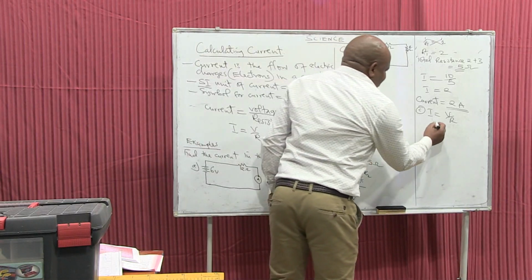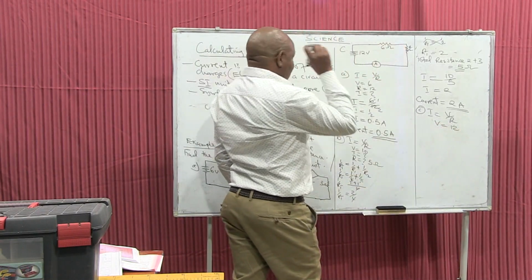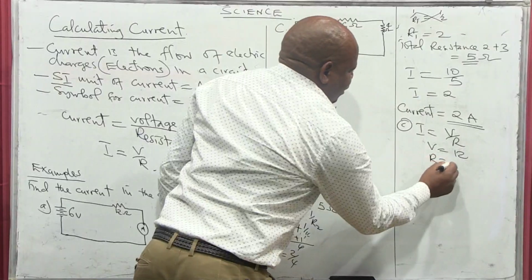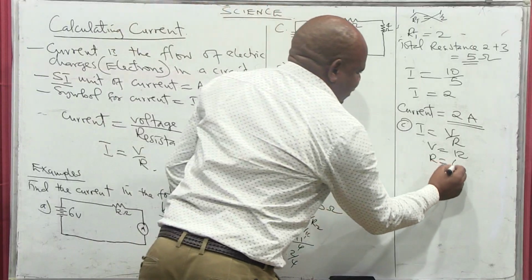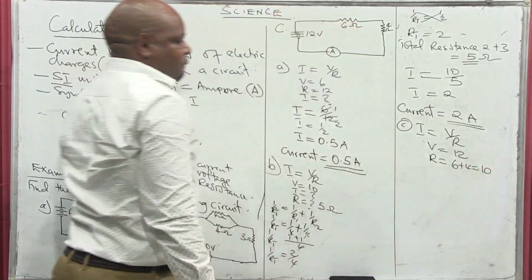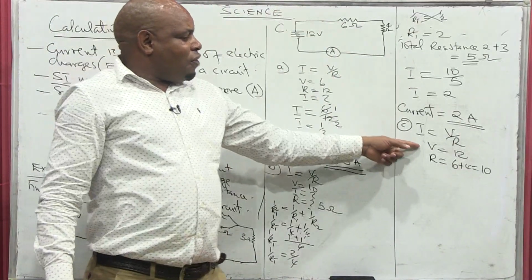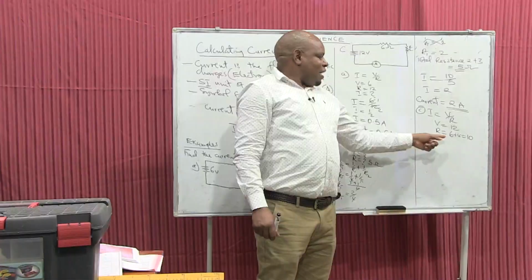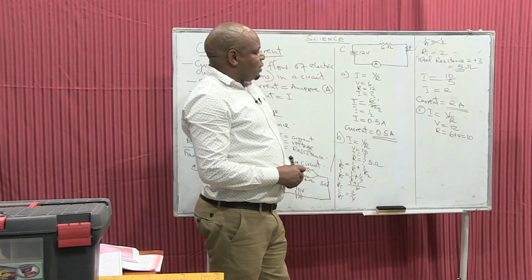So our V is equal to 12. Our R here, you just add directly, 6 plus 4 is 10. So in this figure, our voltage is 12 and the value of R is 10.